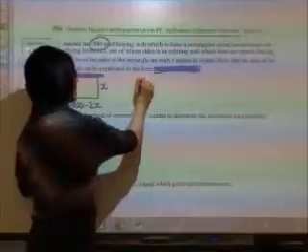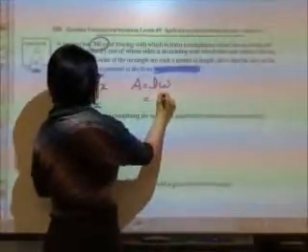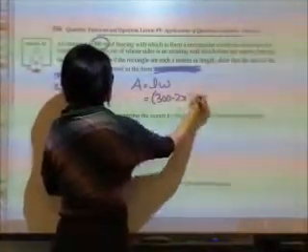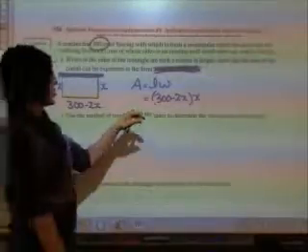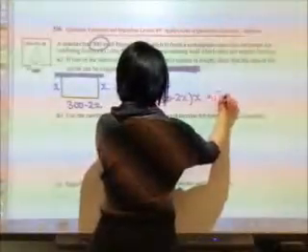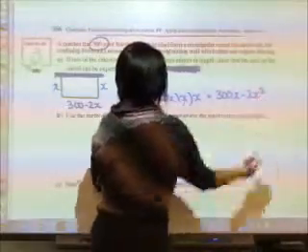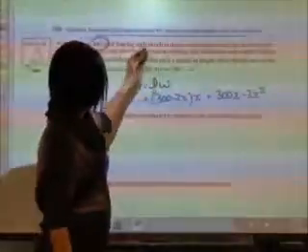Now if I look at area being length times width, I get 300 minus 2x times x, which when I multiply it through, gives me my 300x minus 2x squared. There's my area.